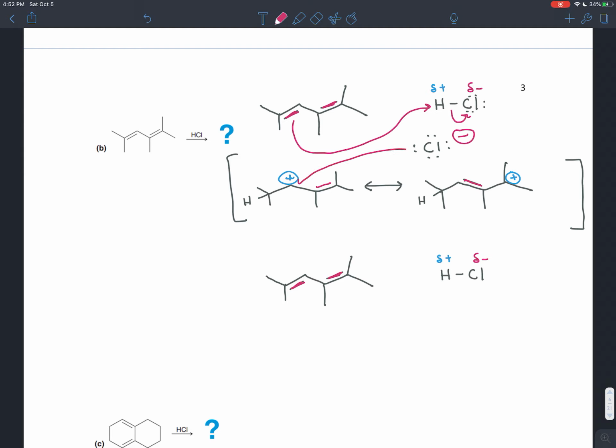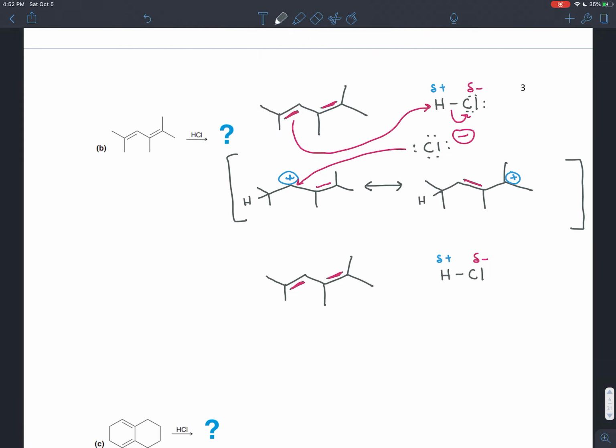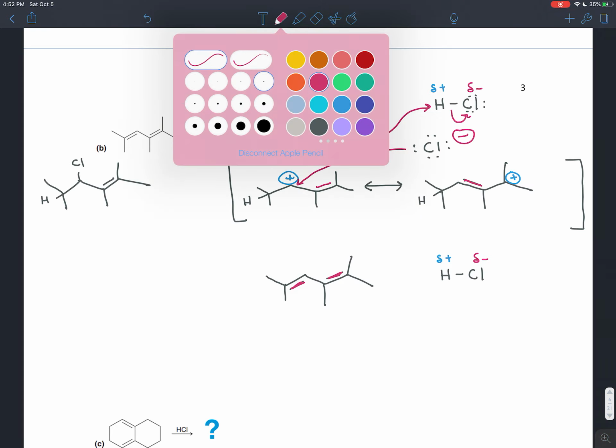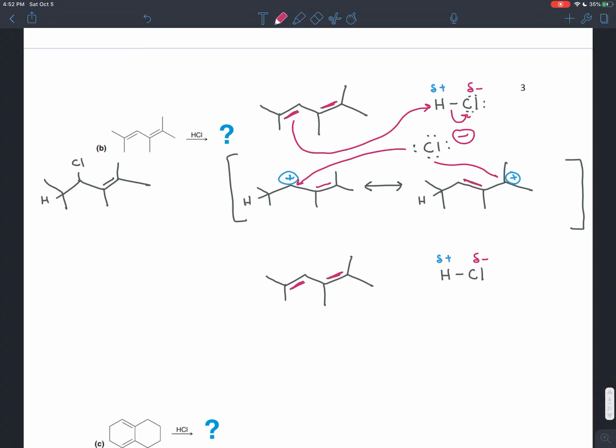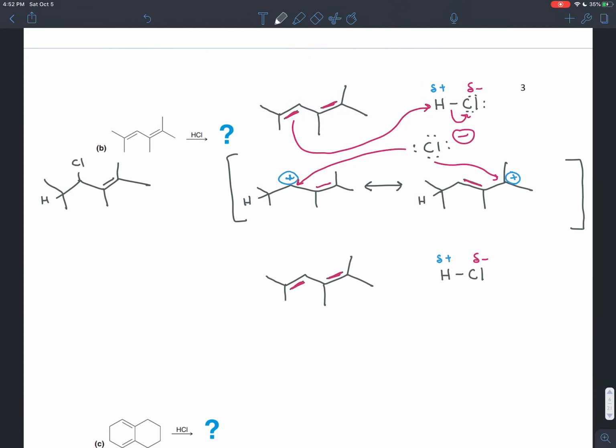It could attack the positive charge on the left, that electrophilic center, in which case you would get this top product here. Or it could attack the positive charge in the resonance structure on the right, in which case you would get this next structure down here.